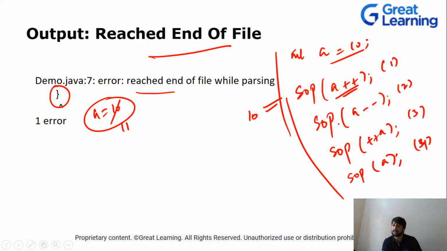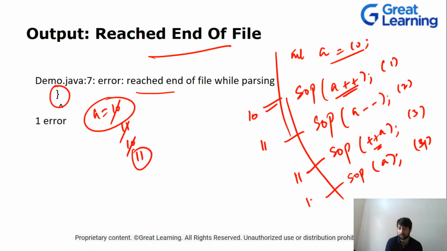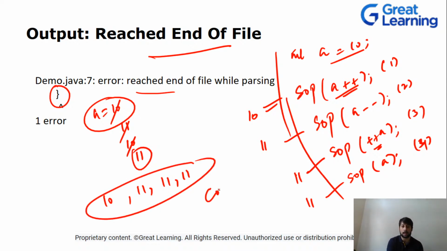Then a minus minus is first assign the value, then decrement, so the value is 11 and then it is decremented back to 10. Then plus plus a is a pre-increment: first increment the value to 11 and then assign. Finally the value of a is printed, which is 11. So all of you who answered 10, 11, 11 and 11, you are correct.